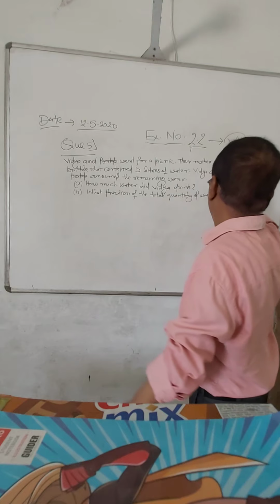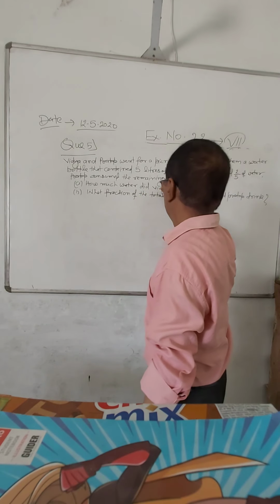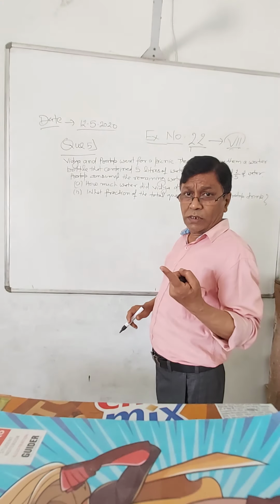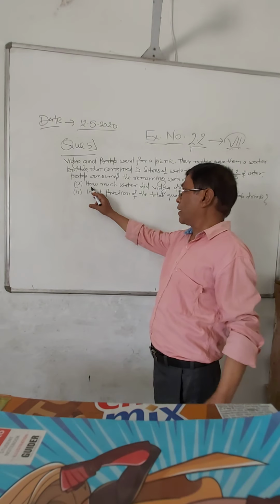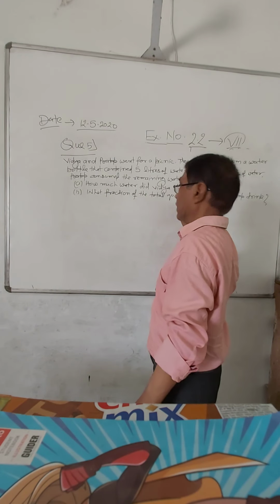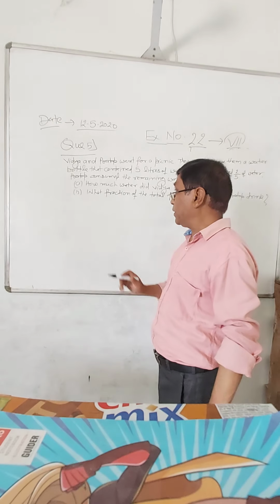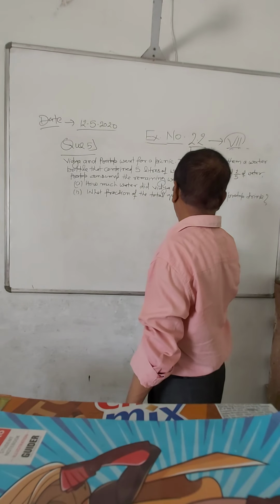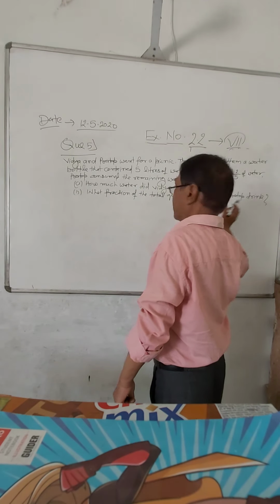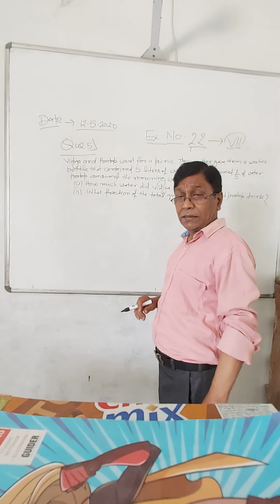Pratap consumed the remaining water. So दो आंसर you have to give. First, how much water did Vidya drink? विद्या ने कितना पानी पिया? What fraction of the total quantity of water did Pratap drink? प्रताप ने कितना पानी पिया?